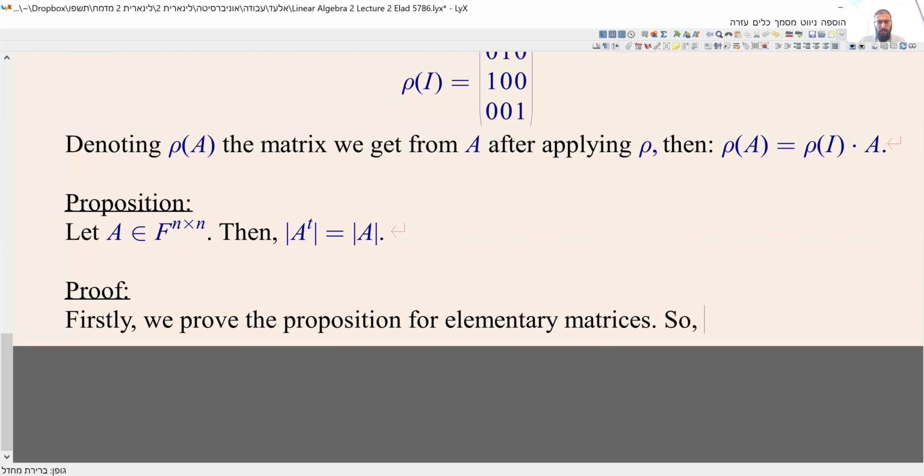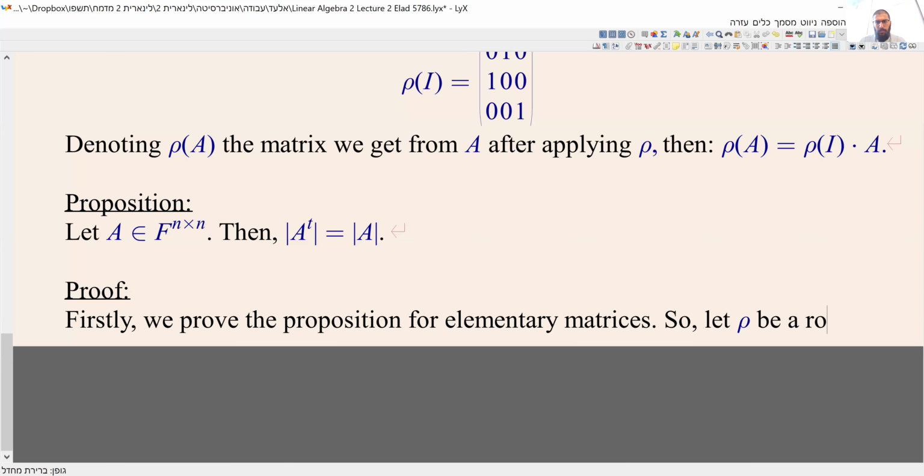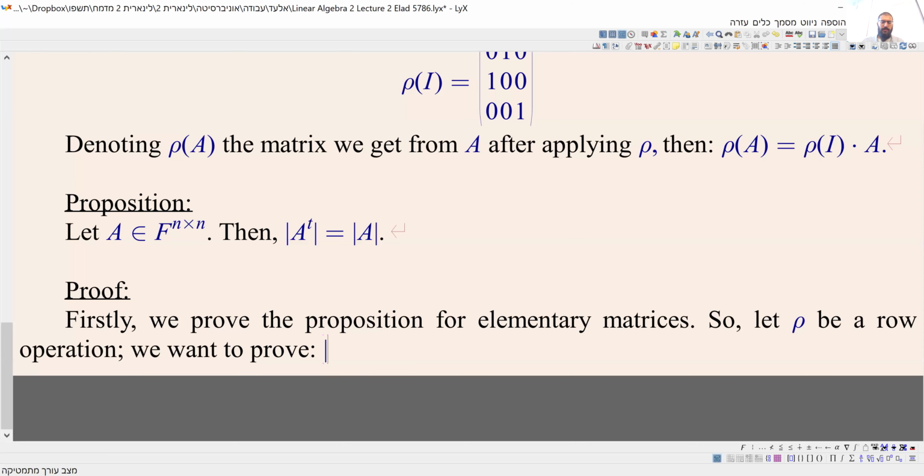So let row be a row operation, and we want to prove that the determinant of the transpose of row I and the determinant of row I is the same.